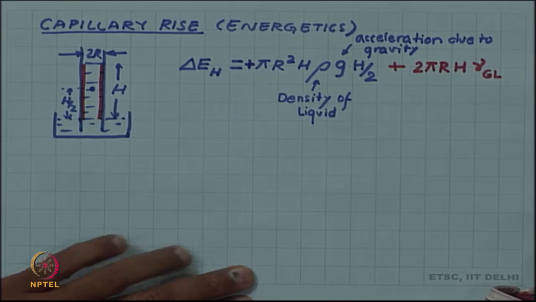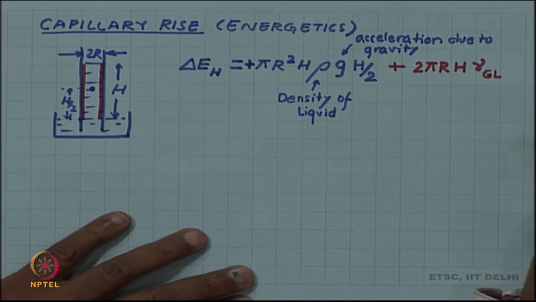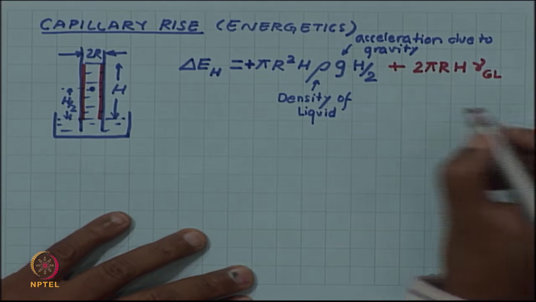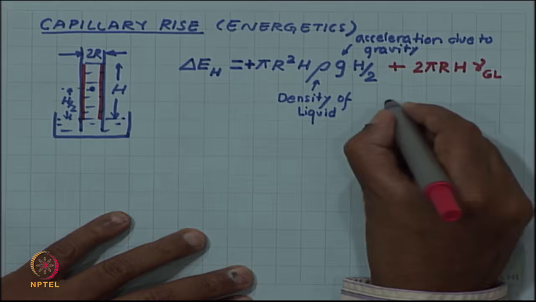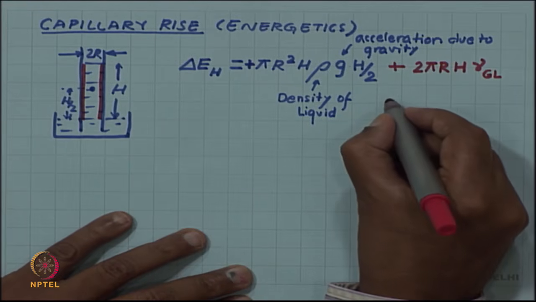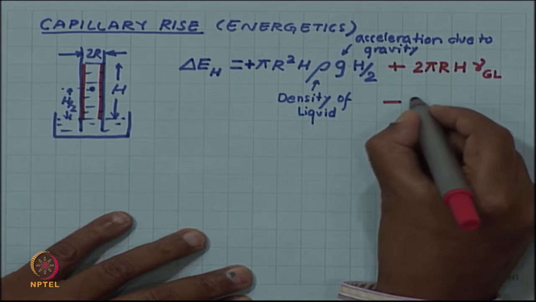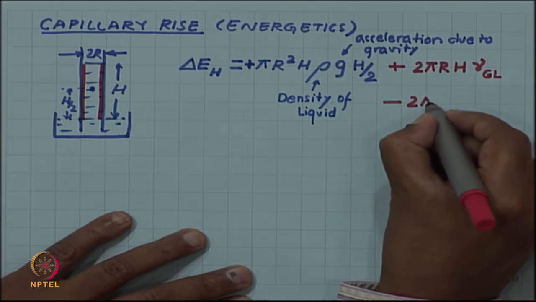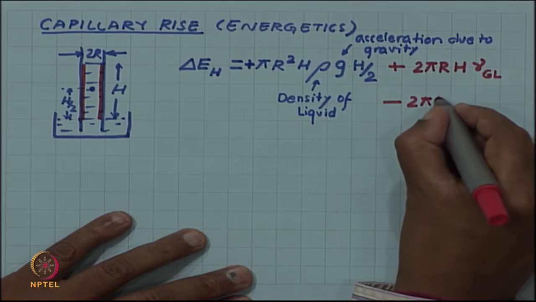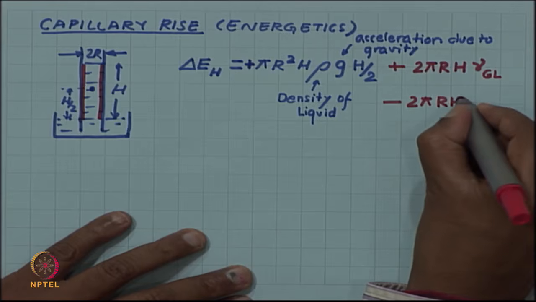This is a further additional energy term, and this is also positive. So, this can also not be a driving force, but you can see that to create this glass liquid interface, the original glass air interface was replaced. So, this energy decreases.